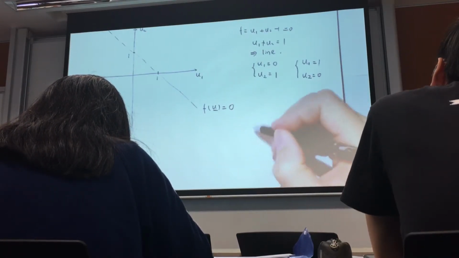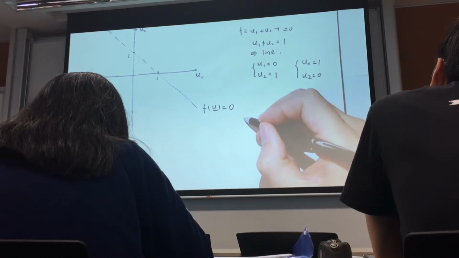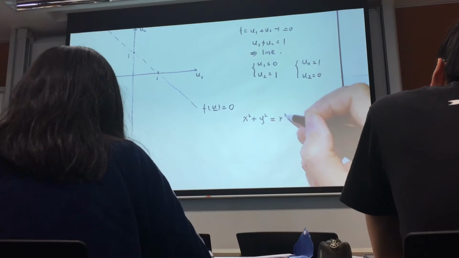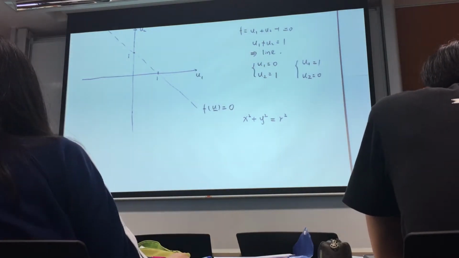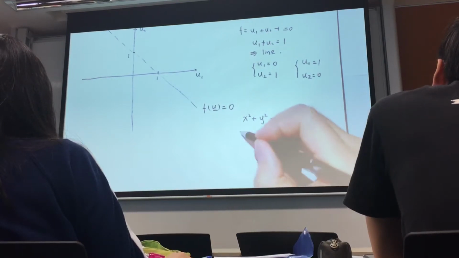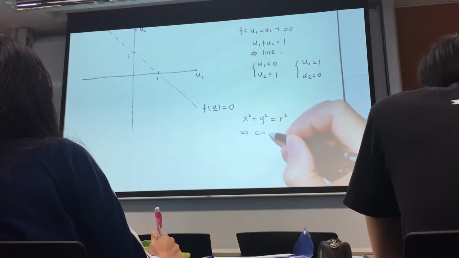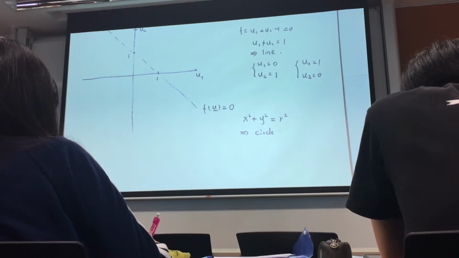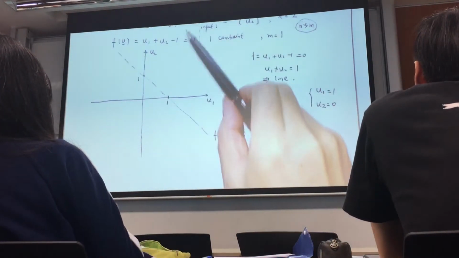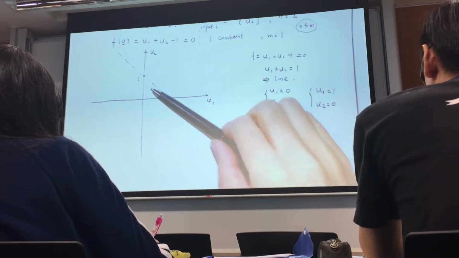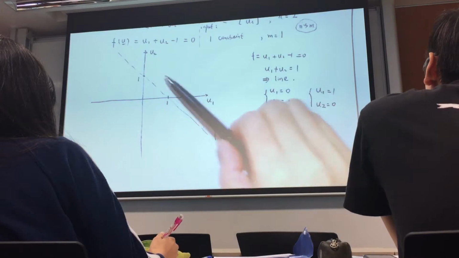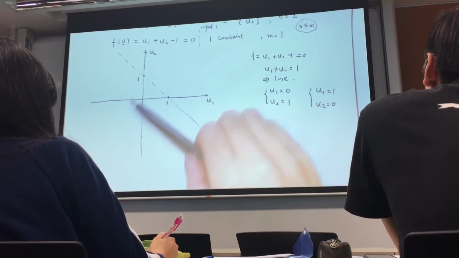In high school, you know that if we define x squared plus y squared equal to r squared, it defines a circle. So this cost function also defines some circle on the two-dimensional space.